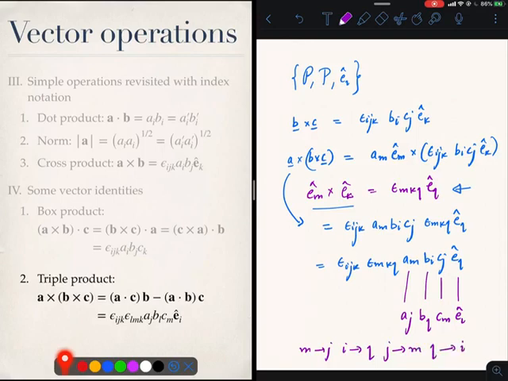Okay, so what happens to the epsilon over here? So epsilon_mkl, m goes to j, k is as is, and l goes to i, and epsilon_ijk, i goes to l, j goes to m, and k remains as is.